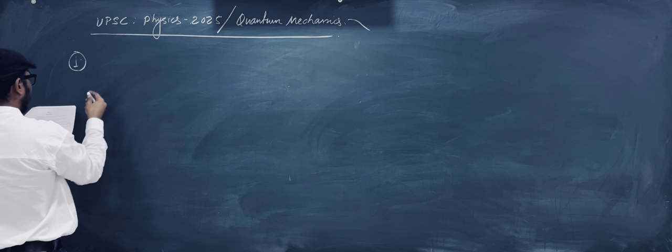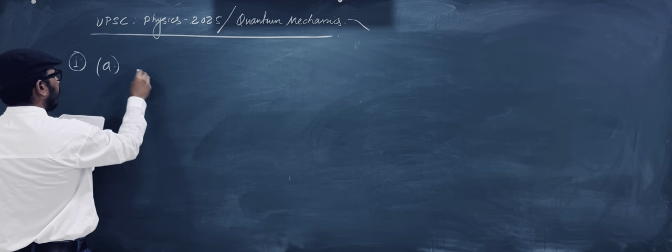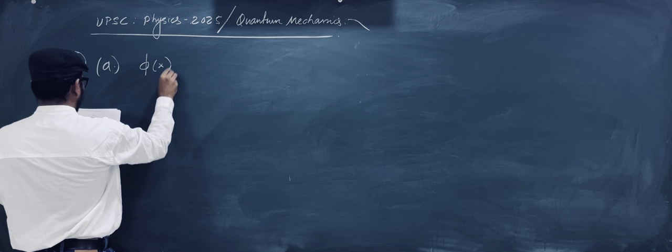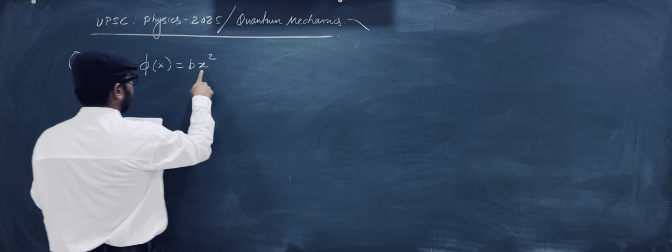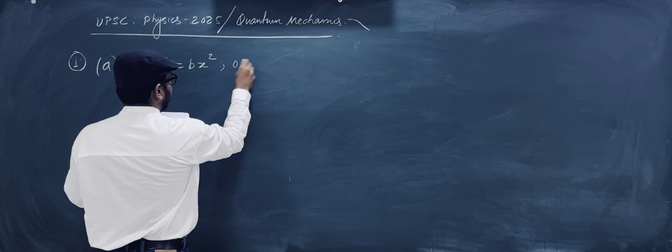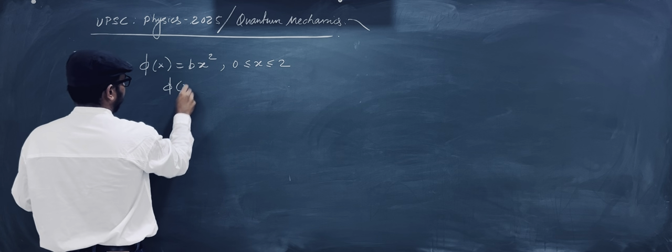Question 1 part A. It says we have a wave function phi x is b x square, and the function exists between x equals 0 to 2 and it's 0 elsewhere.